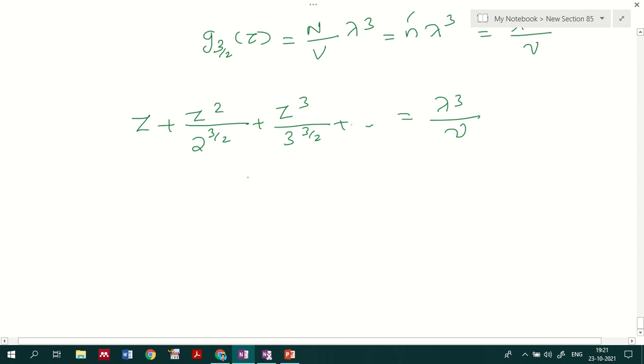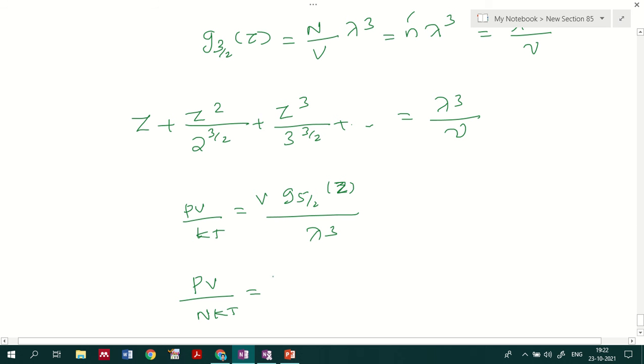Now we'll just come back to the PV by kT equation. So PV by kT is equal to V into g5/2 of Z divided by lambda cube. And PV by NkT, as we have seen in the above case, is V by N times g5/2 of Z divided by lambda cube.